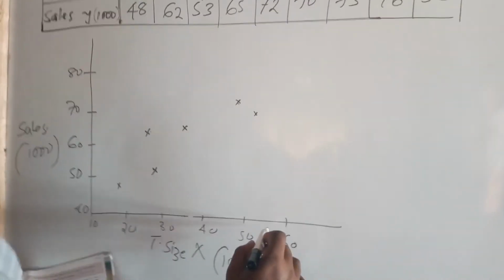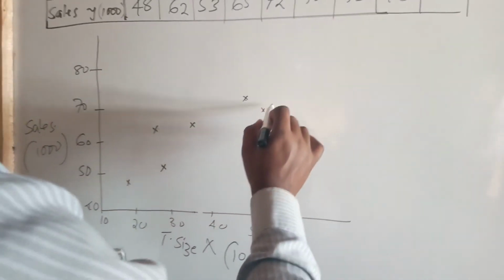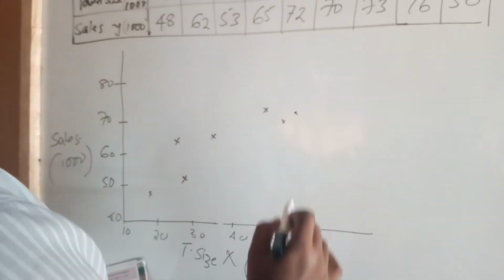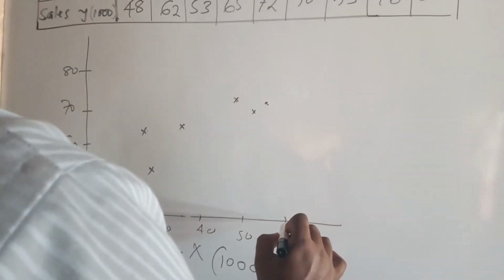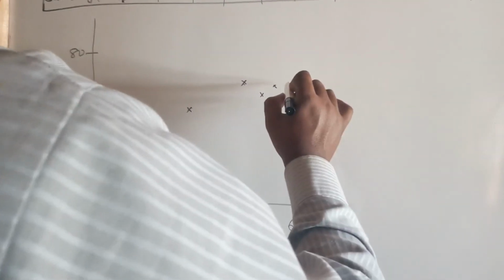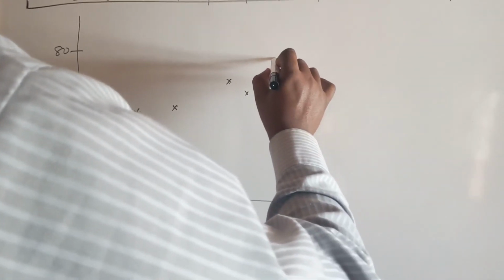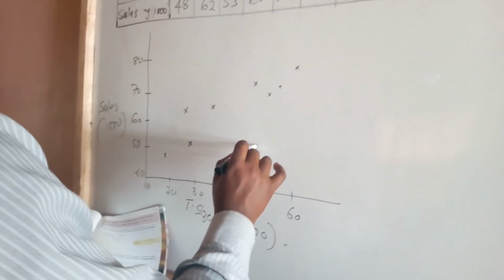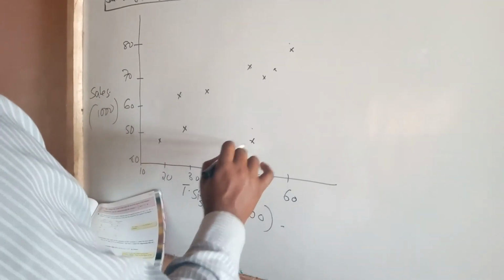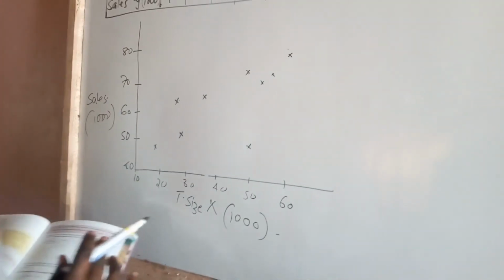The other one is 54 and 73, somewhere there. The other one is 60 and 76. And the final one is 50 and 50.